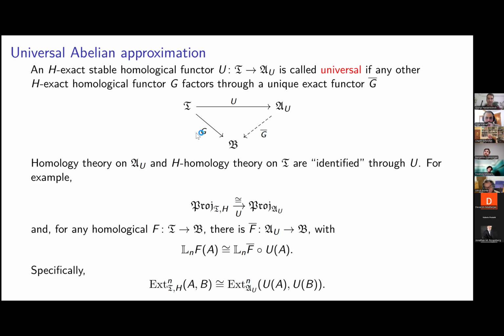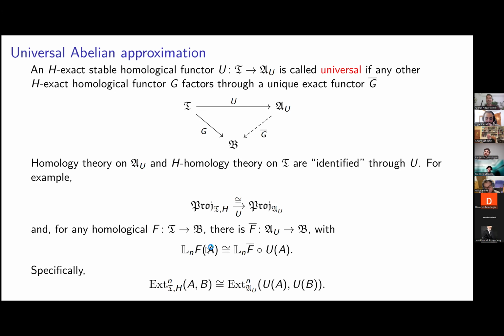So if you take any F from T to B, any homological functor, homological again meaning it takes exact triangles to exact sequences, then there will be an F bar living on this side, such that if you first go with U and then take the derived functor of F bar, it will be the derived functor of F.